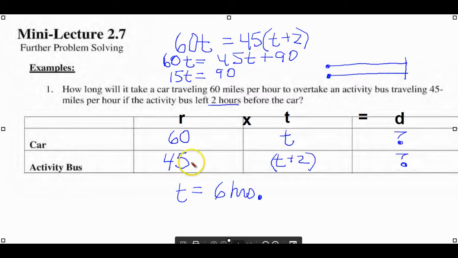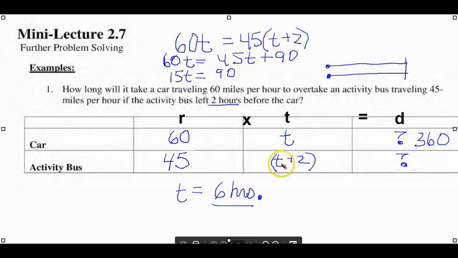So the question is, how long will it take the car to reach the activity bus? And it's 6 hours. Now, how long were they on the road, or how many miles did they cover? What is this distance here? This would be 60 times 6, or 360.